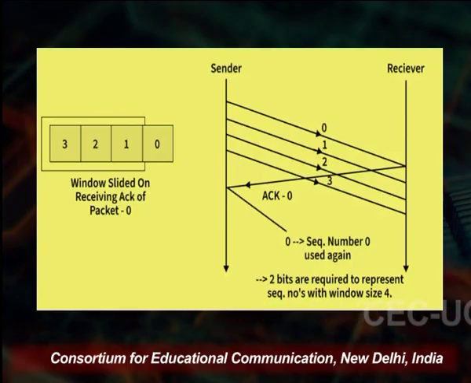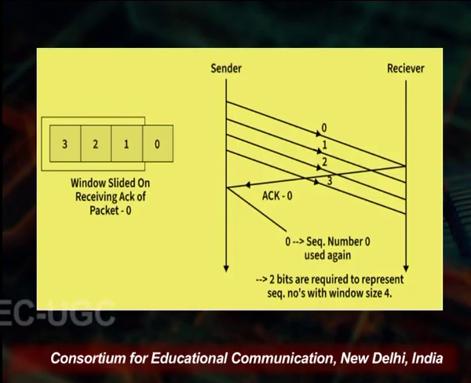Then an acknowledgement for frame 0 has been received. When the acknowledgement for frame 0 is received, this allows the sequence number 0, or in binary 0 0, to be used again. At the next moment, if the acknowledgement for frame number 1 is received at the sender end, then the sequence number 0 1 can be used again.